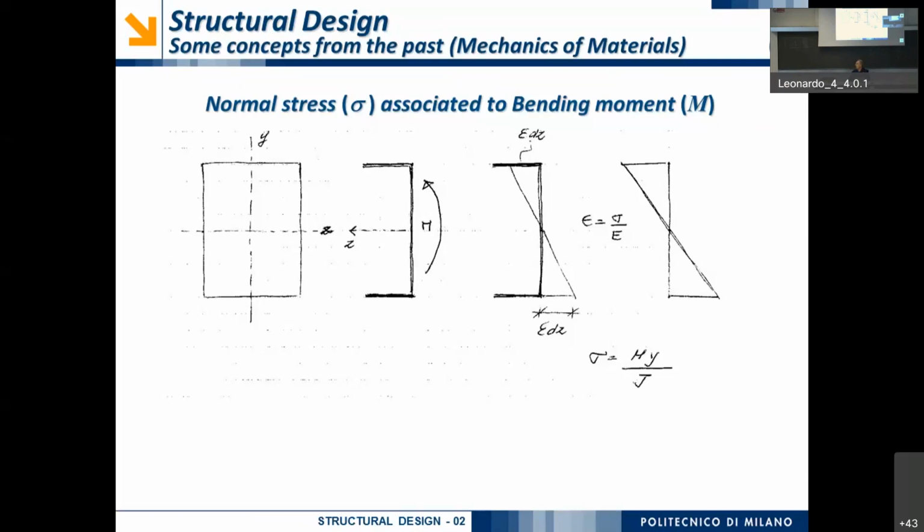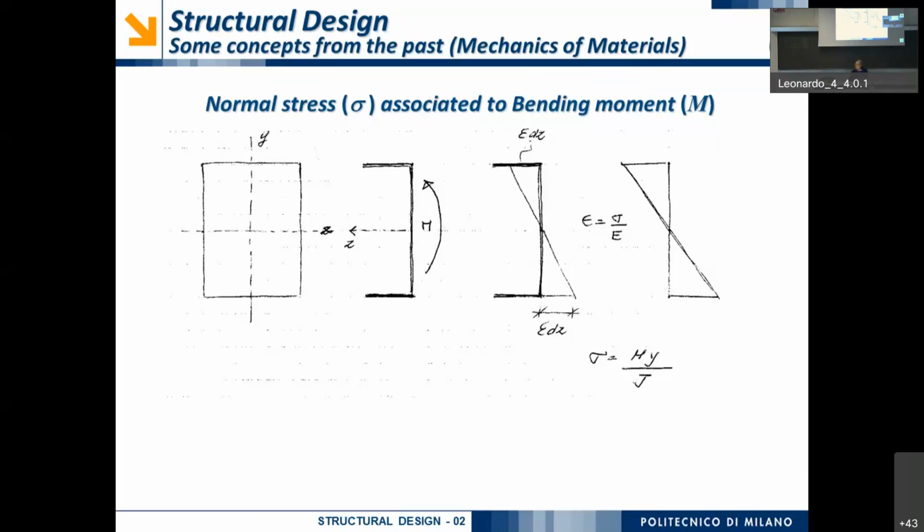Now, if you think again that the cross-section is made by individual fibers that are connected by a stiff plate, when applied a bending moment, some fibers undergo elongation and some other fibers undergo shortening. And so there is the rotation of the cross-section.